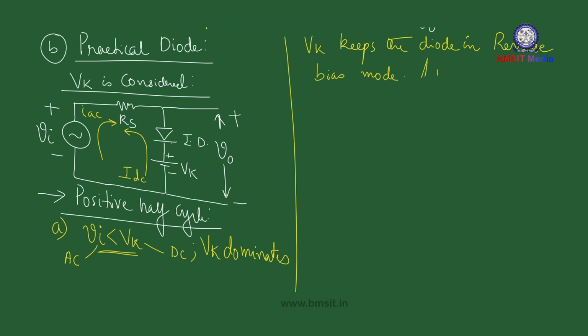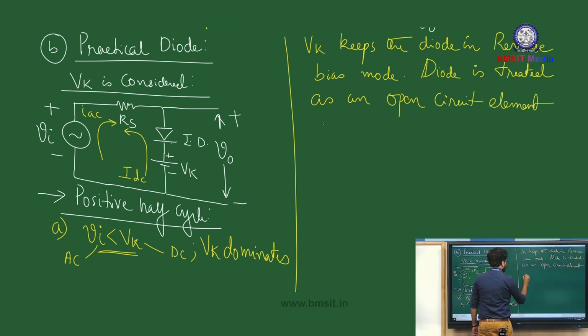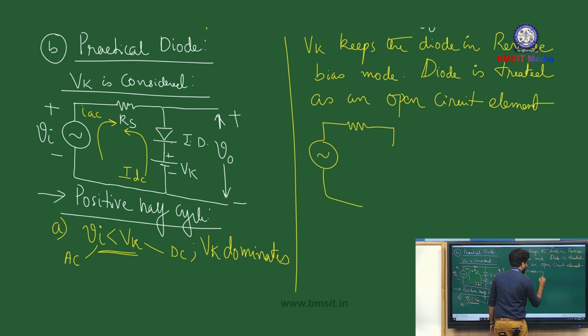So the diode is treated as an open circuit element, and the resulting circuit takes the following shape. And this is your diode. The diode is behaving like an open circuit element because Vk is keeping the diode in reverse biasing mode. This is Vk.